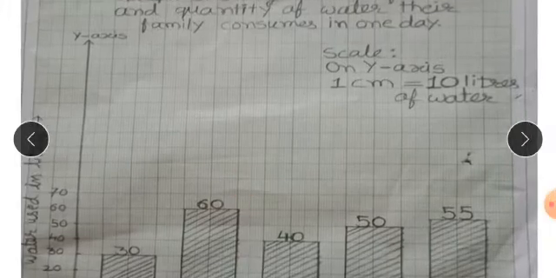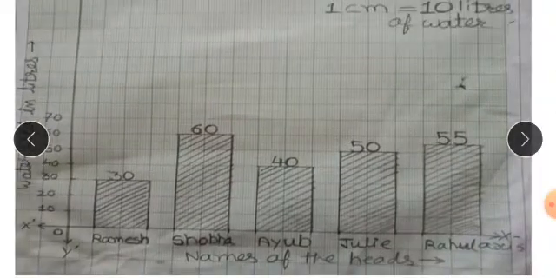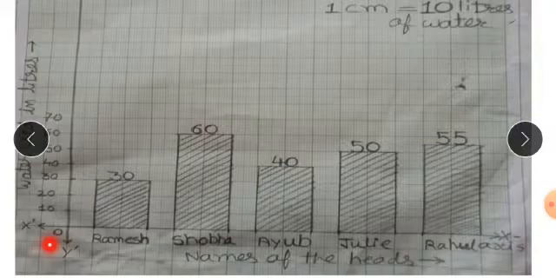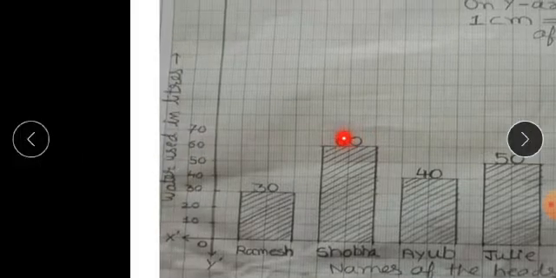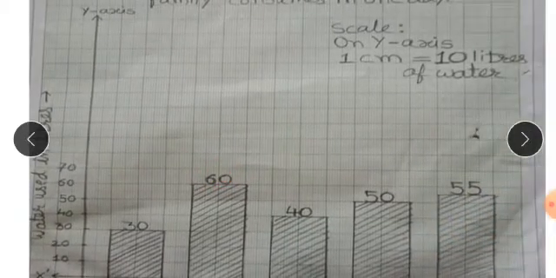Students, if you look at this bar graph very carefully, first of all I have drawn x-axis and y-axis, and the point of intersection is indicated by O, that is origin. Then I have taken names of the heads below the x-axis and number of liters of water they used on y-axis.